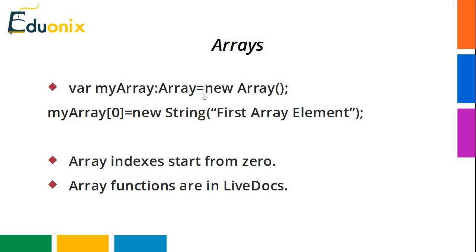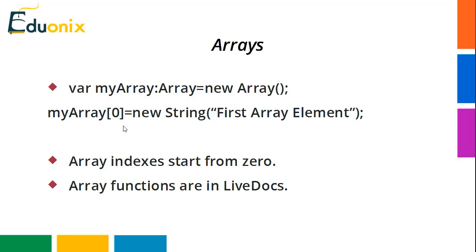Then I'm using the new keyword with the same variable type again to instantiate that object. And I mentioned that arrays store groups of objects, and you will sometimes see things appearing within these parentheses, separated by commas. That's a way of storing things in an array.